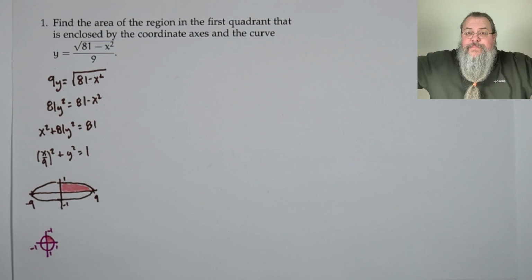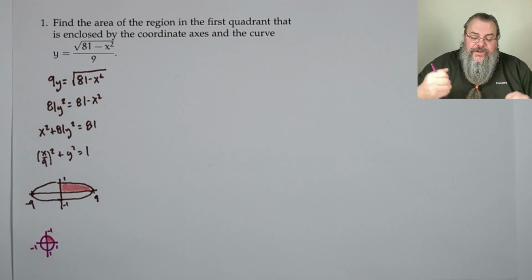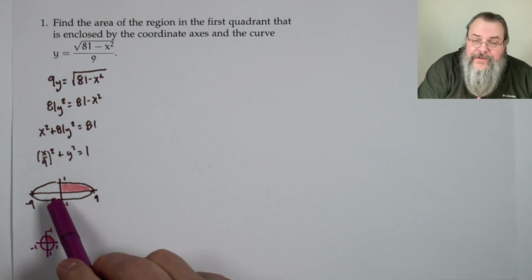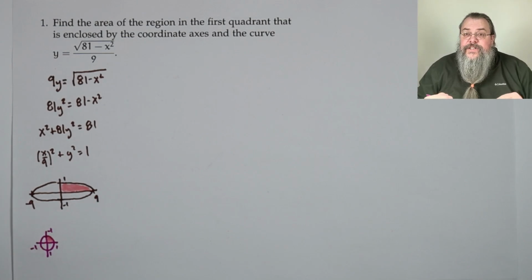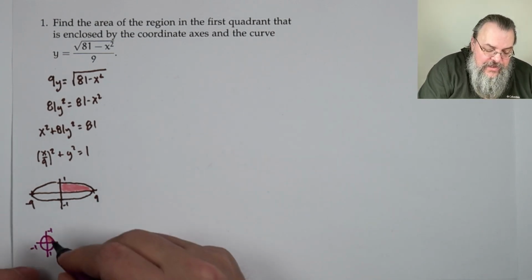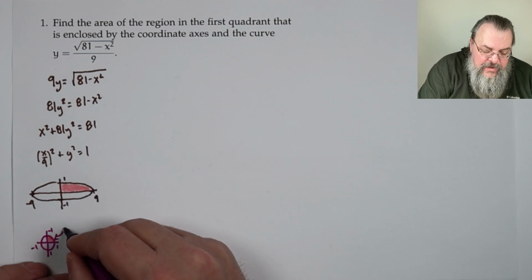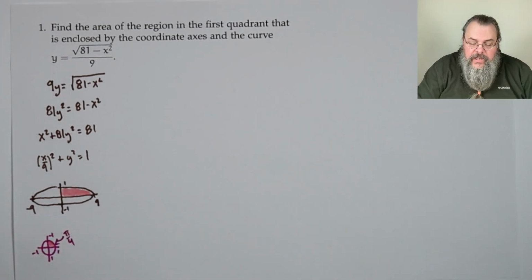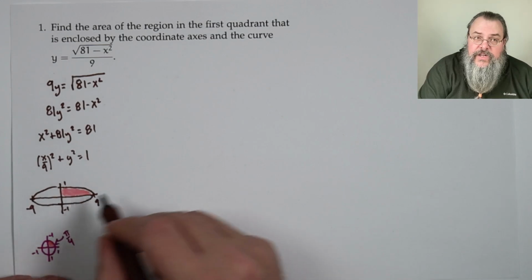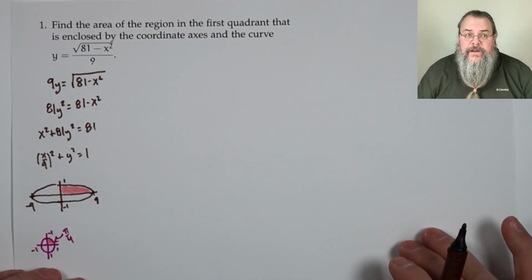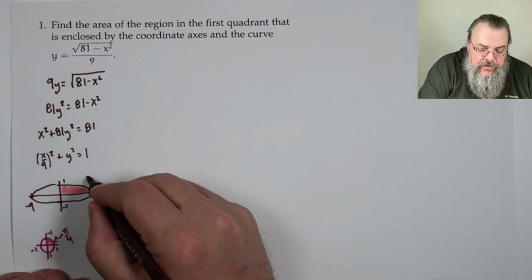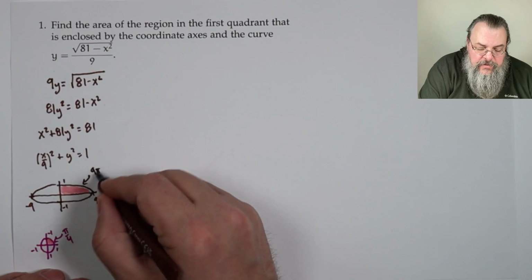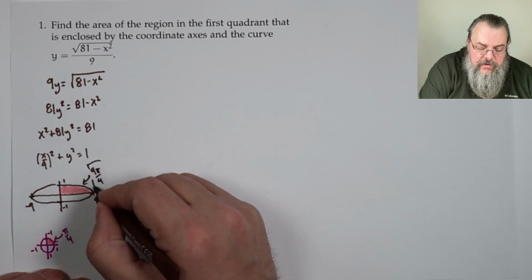It goes up by the same amount. So if I stretch by a factor of 9 in the x direction, then I'm going to multiply my area by a factor of 9. So if this area is pi over 4, then this area, which we just stretched in one direction by a factor of 9, must be 9 pi over 4. So this is our answer.